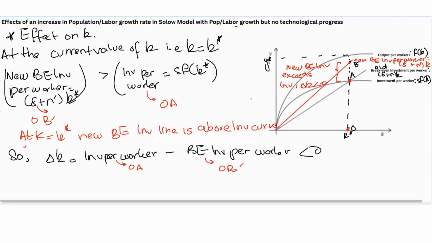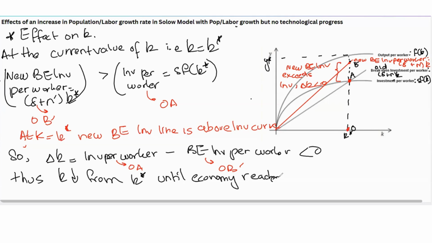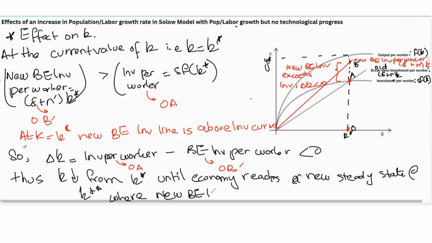Since delta k is less than zero, capital per worker decreases from k star, the initial steady state value of k that we started off with, until the economy reaches a new steady state at k double star, where the new break-even investment per worker is equal to investment per worker.